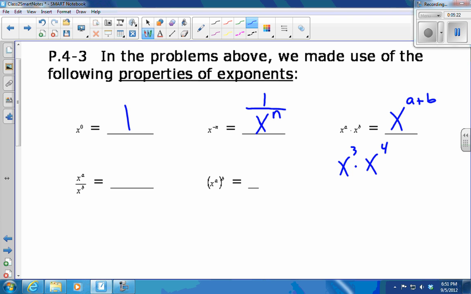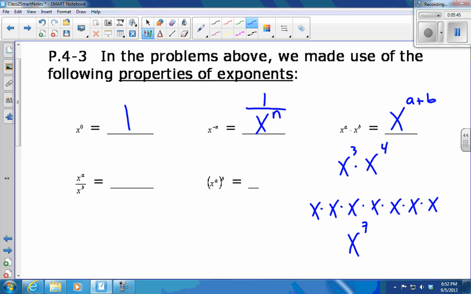Just remind yourself what it means to be raised to a power. X cubed means x times x times x. And x to the fourth means x times x times x times x. How many x's do I have written down here? 7. This is x to the 7th. So we add them.